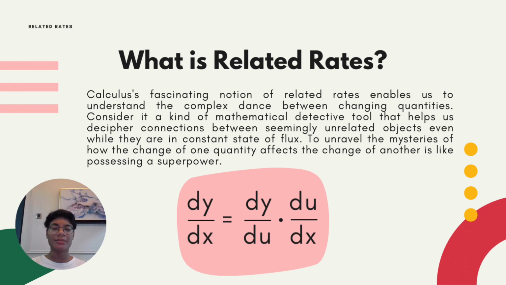To unravel the mysteries of how the change of one quantity affects the change of another is like possessing a superpower. Commonly, in related rates, we use the formula dy/dx = dy/du times du/dx, in which the du will cancel out, giving us dy/dx.